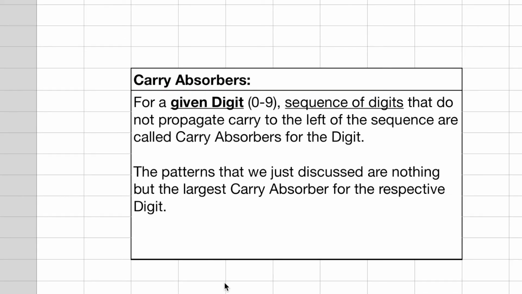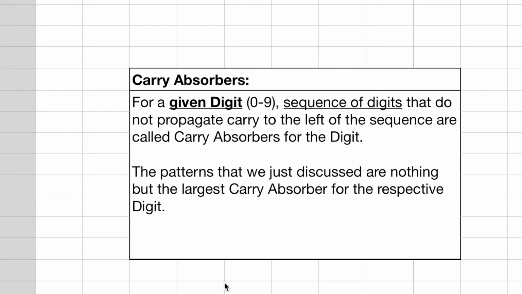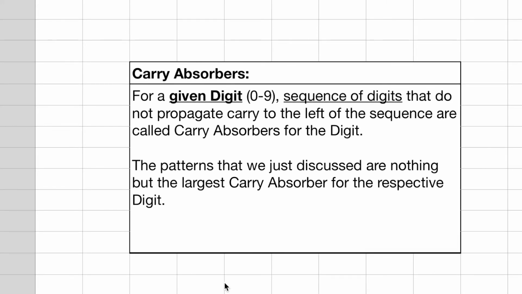And finally, we have carry absorbers. Here again, the context is of a digit, but here it is about a sequence of digits. So the patterns that we have seen so far are nothing but the largest carry absorber for the respective digit.